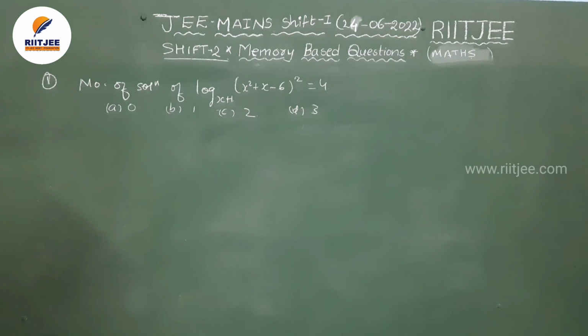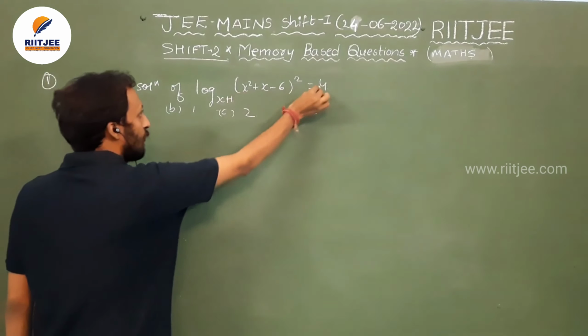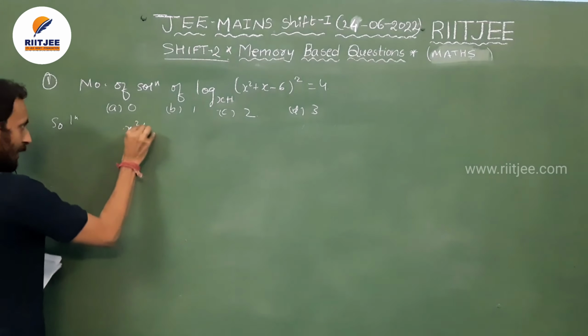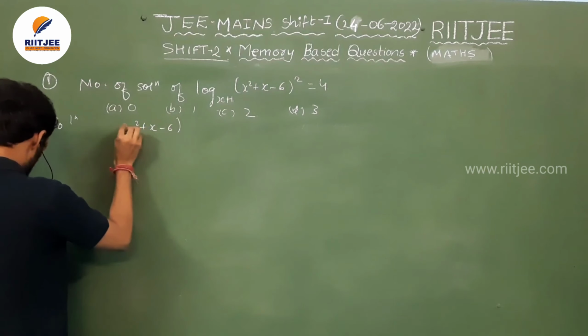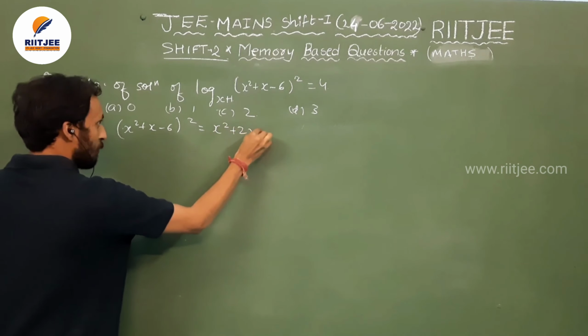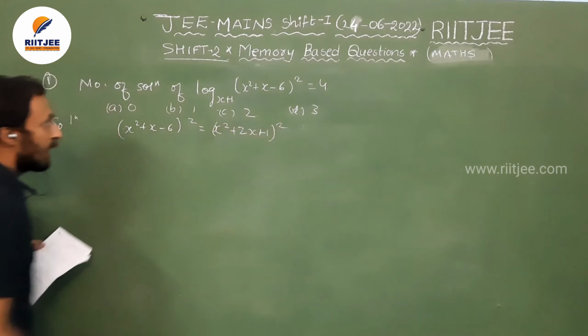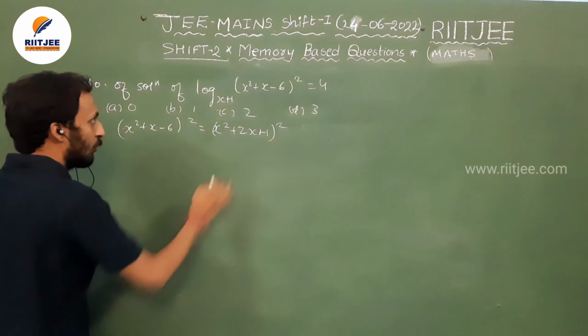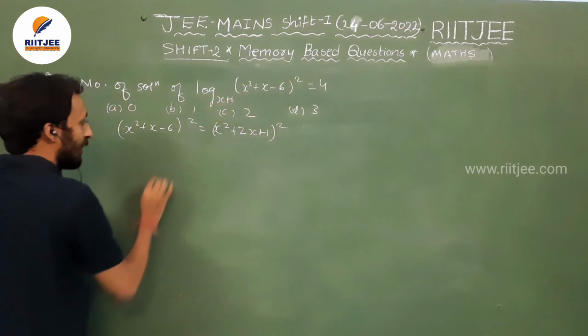Now what I am going to do is, x square plus x minus 6 whole square, this if I will do 4, I will get the solution as x square plus x minus 6 whole square is equal to x square plus 2x plus 1 whole square. Why am I doing this? This is the simple x plus 1 whole square and whole square, because the power 4 when it will come here.